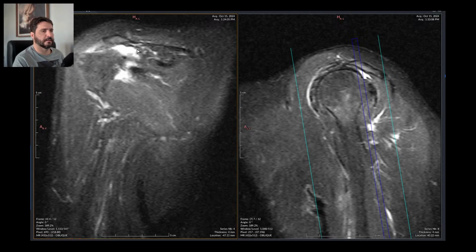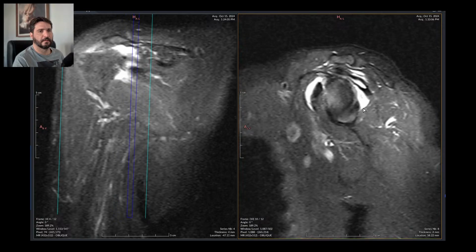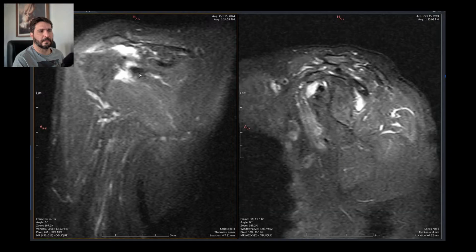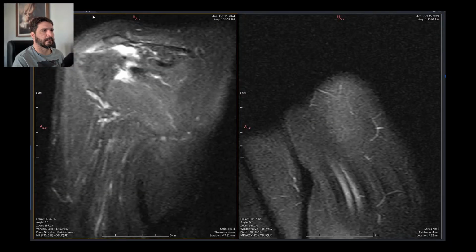It might be just around here. Let's see. I think this is the teres minor right there. Let me grab a pointer, a crosshair. Crap.